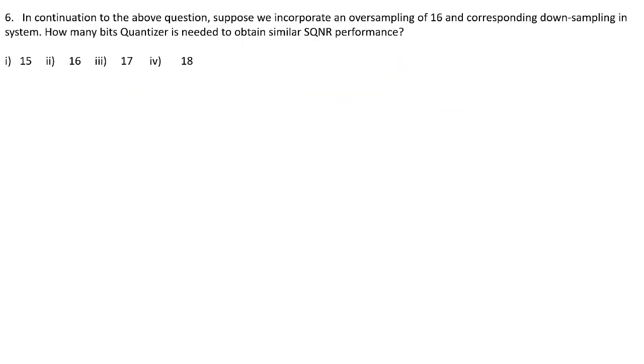So the trade-off is basically that we are doing oversampling, and in that process we are reducing the number of bits in the quantizer, that leads to lesser complexity and more efficient representation of data. So this is basically the bits and oversampling factor trade-off.